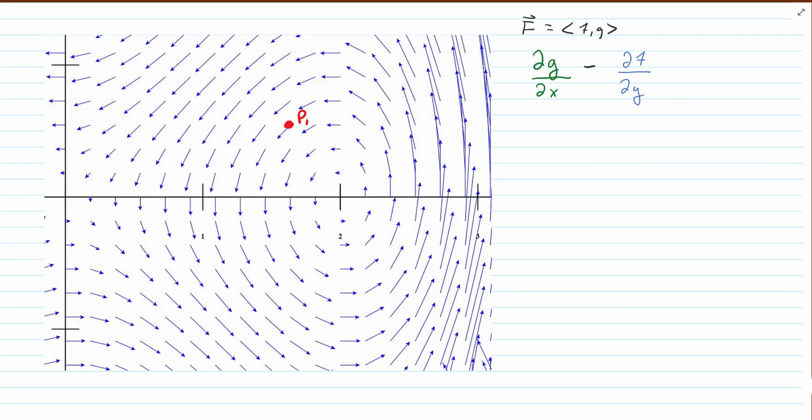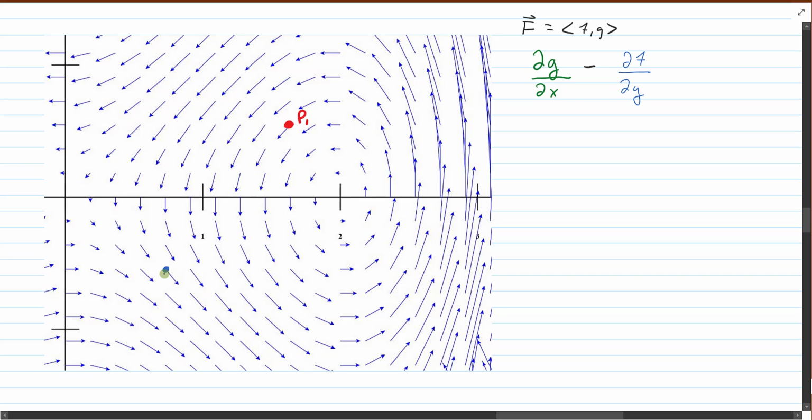So what I'd like to do now, before we dive into our specific point, is remind ourselves of how we got those components of the vector. So let me just look at this point right here, where we've sketched a vector corresponding to that point from the vector field.